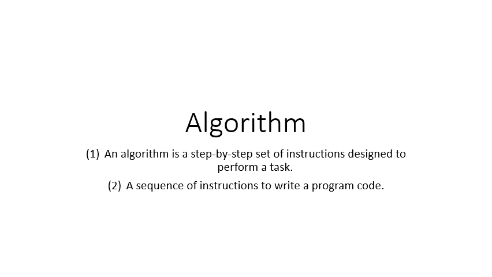So if you write any instructions to perform a task, to solve a problem, that is called an algorithm. So we can also say a sequence of instructions to write a program code is called an algorithm. Very simple.